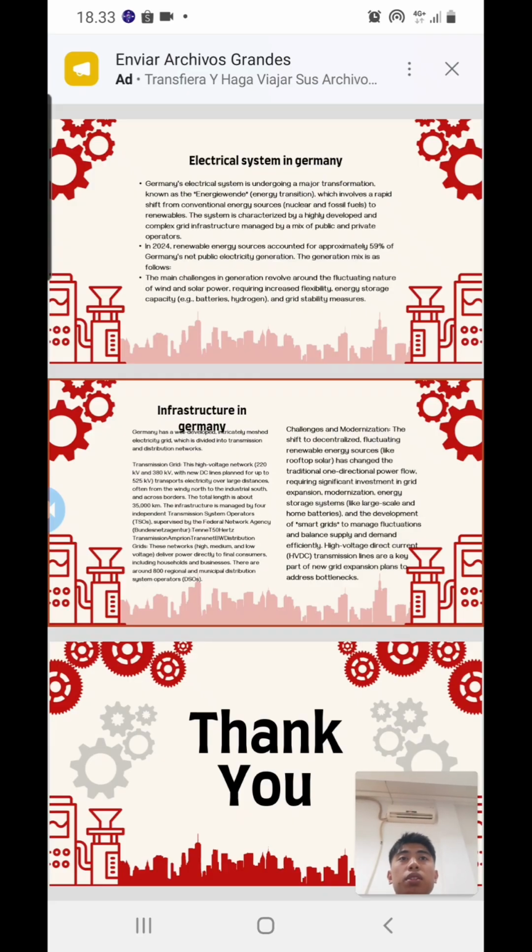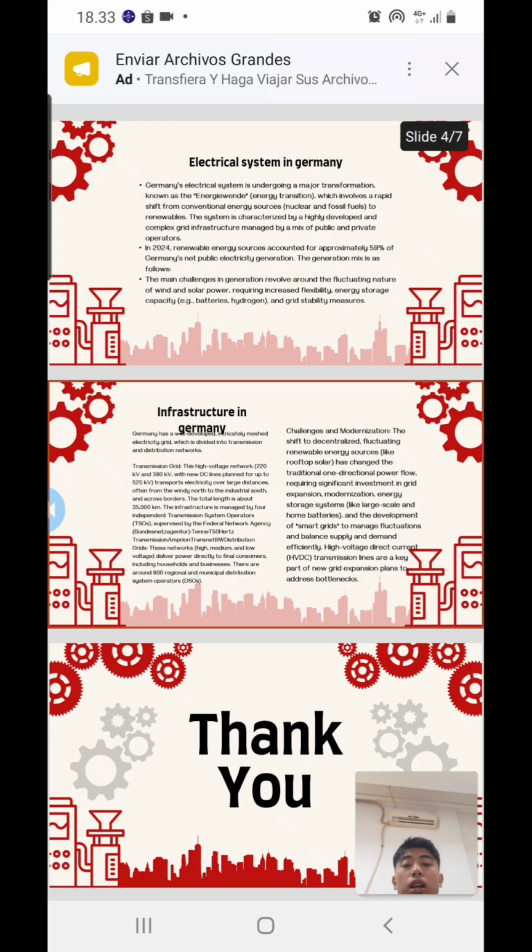The shift to decentralized, fluctuating renewable energy sources like rooftop solar has changed the traditional one-directional power flow, requiring significant investment in grid expansion, modernization, energy storage systems like large-scale and home batteries, and the development of smart grids to manage fluctuation and balance supply and demand efficiently.